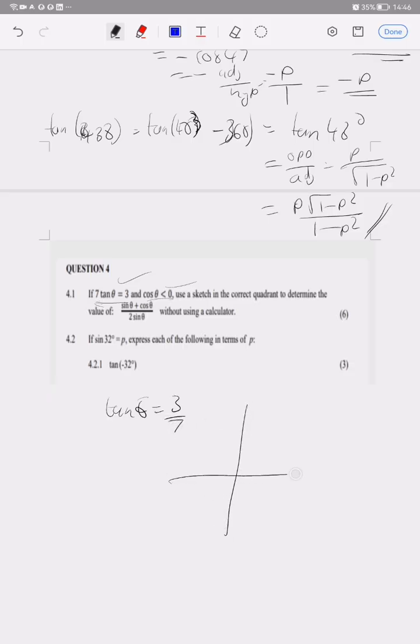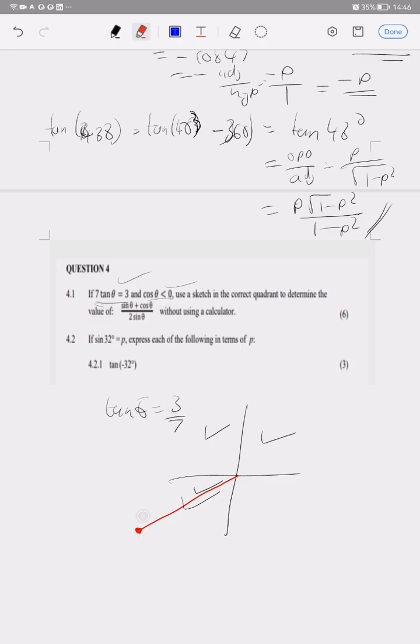I draw my Cartesian plane. I want where tan is positive, so it's positive in the first quadrant and in the third quadrant. Then I want where cos is negative. It's negative here and also here. You see, it is already telling you where I should draw my Cartesian plane. So I'm having a 3 and a 7, and I'm in the third quadrant.